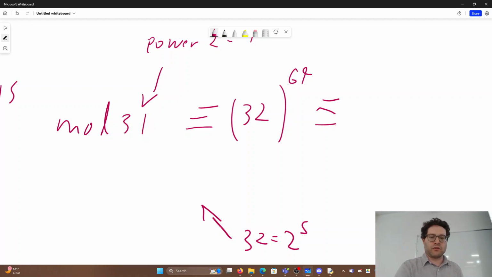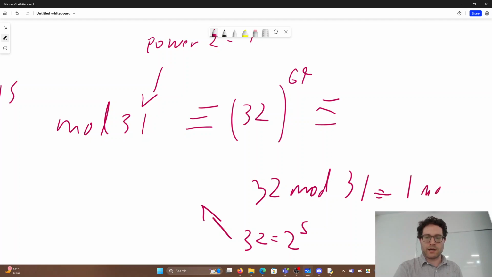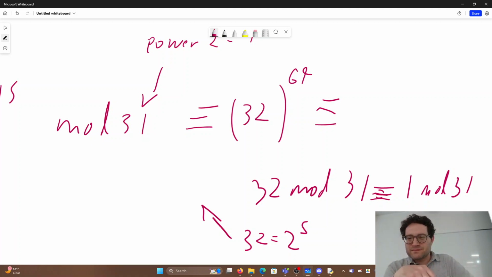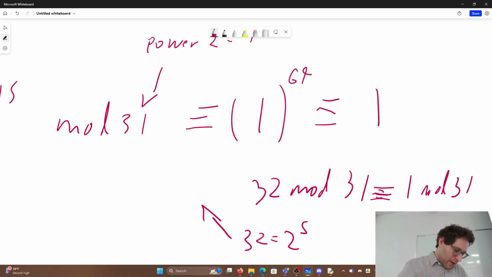So what is 32 mod 31? It's congruent to 1 mod 31. I'm trying to be good and not write equal signs here. So we can replace this with 1, and suddenly our math becomes incredibly easy. And the reason we care about this is that when we work with RSA, we need to do these very, very large operations.